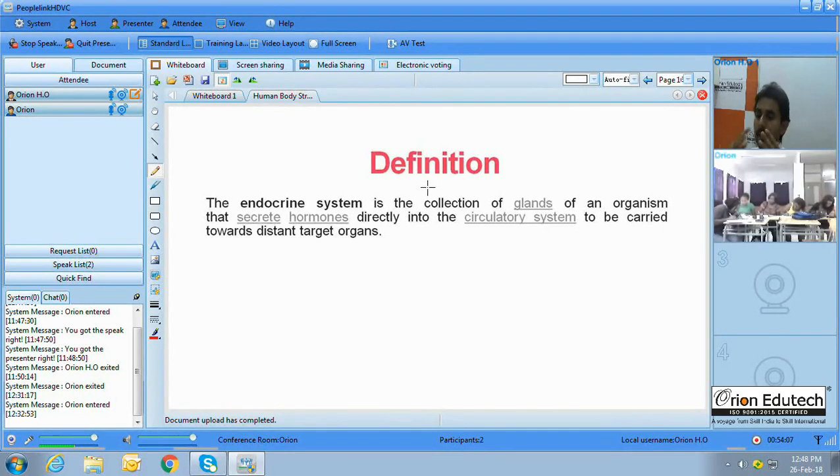So it's very important that each and every system of the body is directly dependent on the other systems for proper functioning.